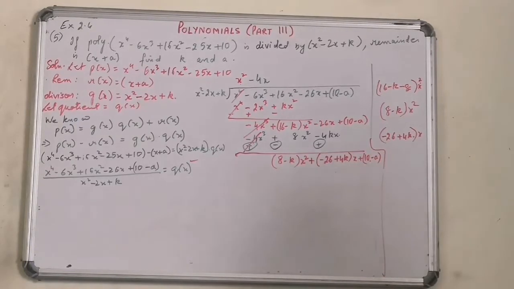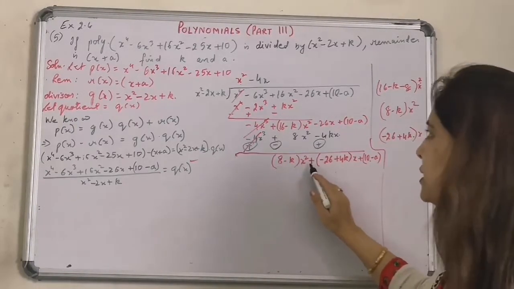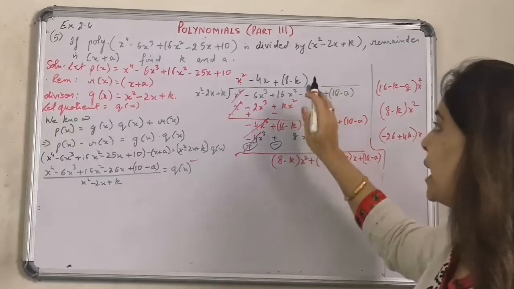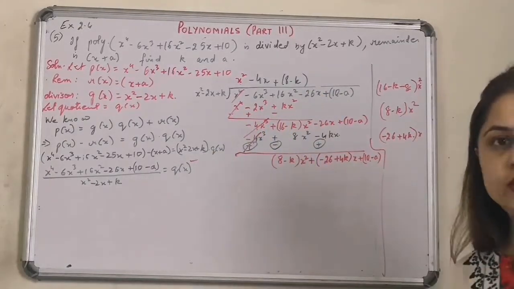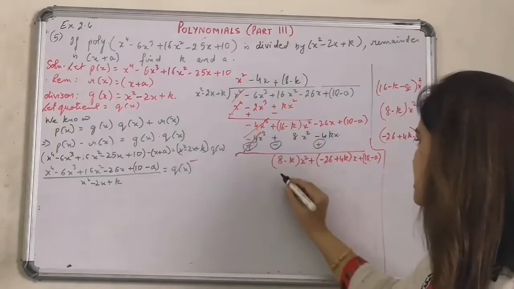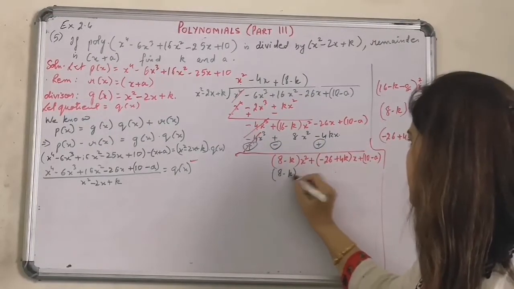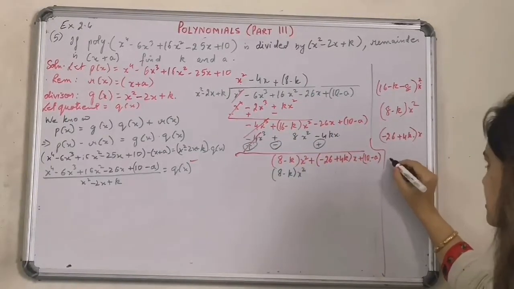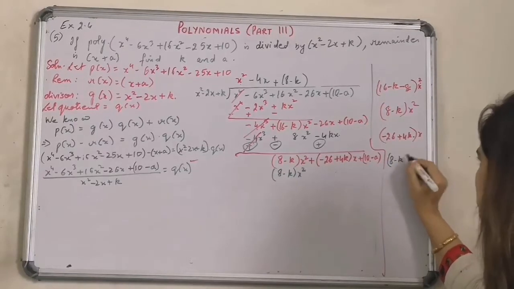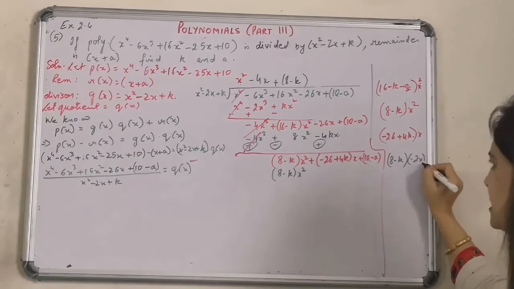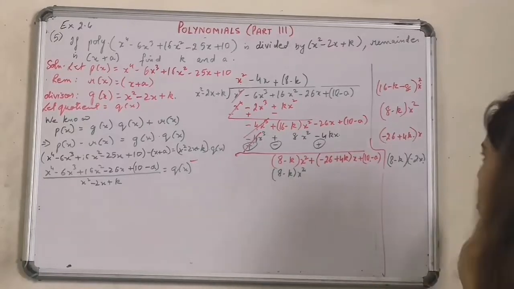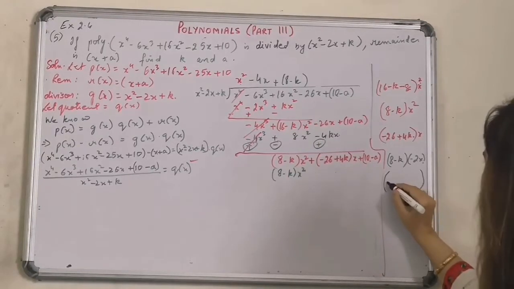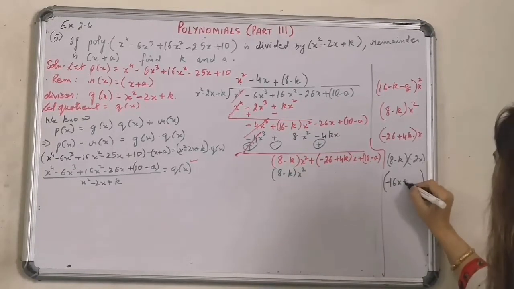Now next term of the dividend is 8 minus k into x square divided by x square, we get plus of 8 minus k. And mind you, 8 minus k is going to multiply with each term of the divisor. Now 8 minus k into x square, we get the same thing. Now 8 minus k is going to multiply with minus 2x. As I said earlier, outside we will keep only the plus sign. Whatever change has to be made will be inside the bracket. So if I do that, I get minus 16x plus 2kx.